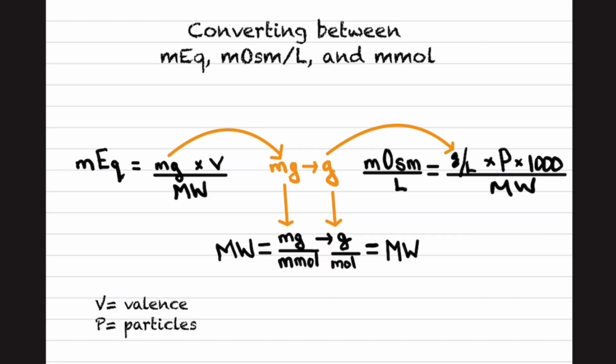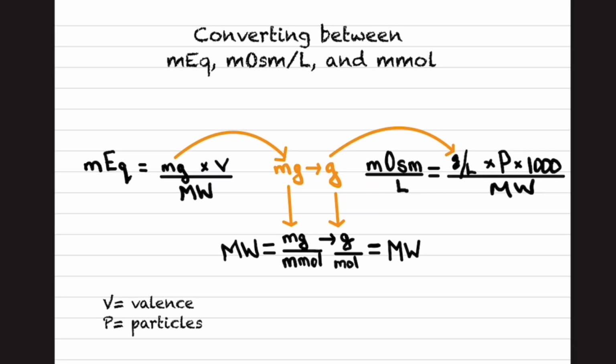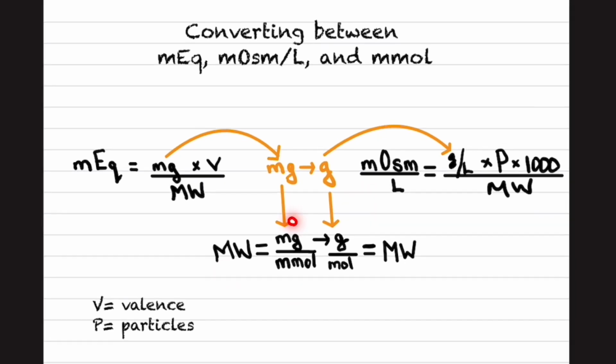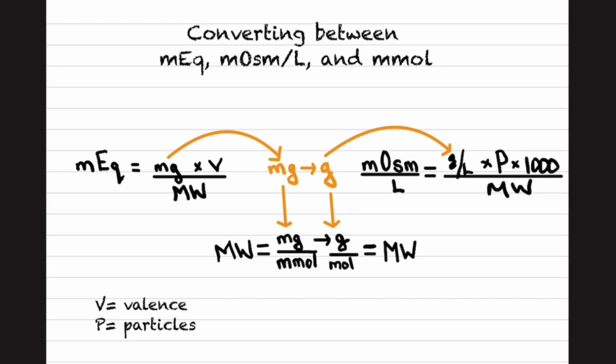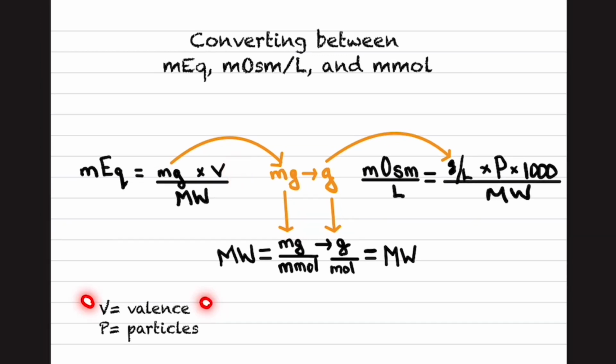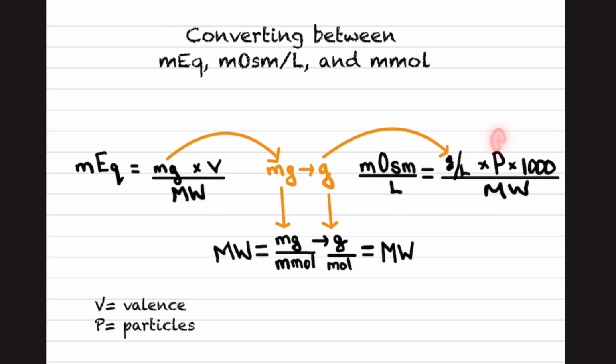Now there are several ways to convert between these different units. We could use the milliequivalence equation, osmolarity equation, or convert between molecular weight and moles, or a mass. In any of these equations, V stands for valence, and P stands for particles. So valence is associated with milliequivalence.